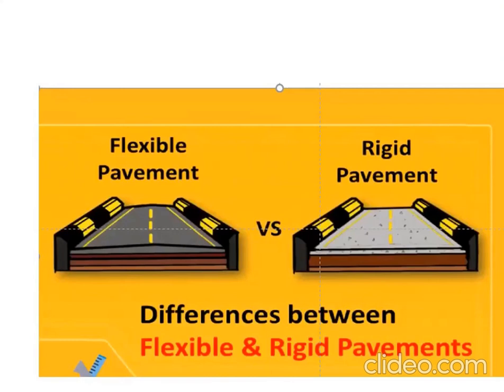But when I have to lay a rigid pavement on asphalt pavement, the problem is you cannot lay it directly. You have to break it into pieces, treat those stones as a base, and then have a pavement for rigid pavement.